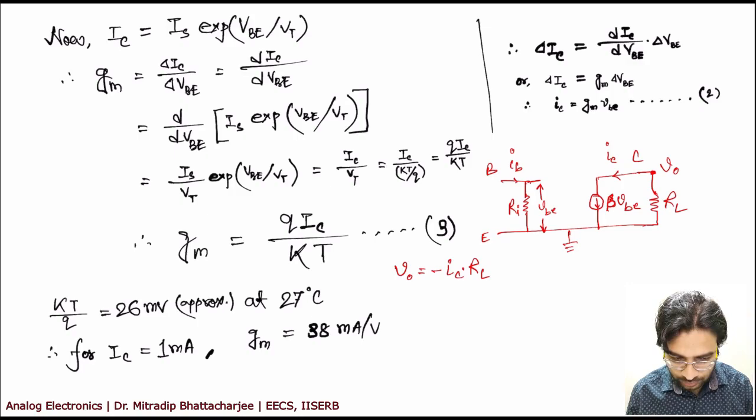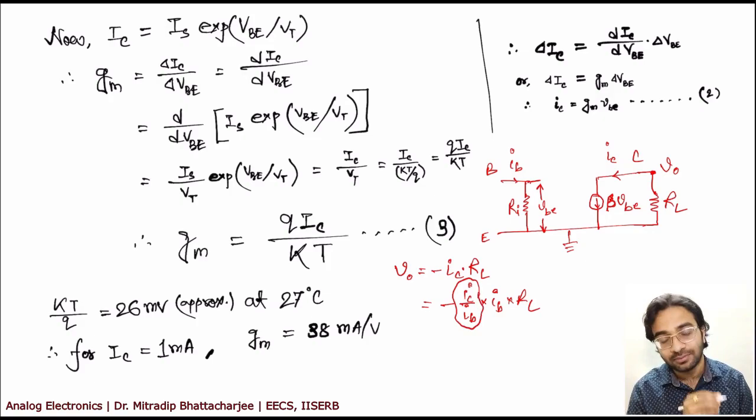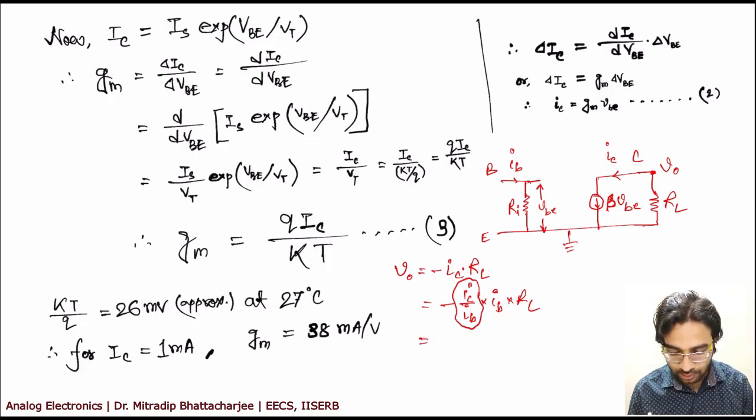Okay, now if I do minus IC by IB into IB into RL, I can write like this. I have just put IB, one in the numerator and one in the denominator, so it is possible. Now why I have done this? Just to use beta 0. Beta 0 is the forward current gain I have said previously. So here it will be minus beta 0 into IB into RL. That is what your V0 is.